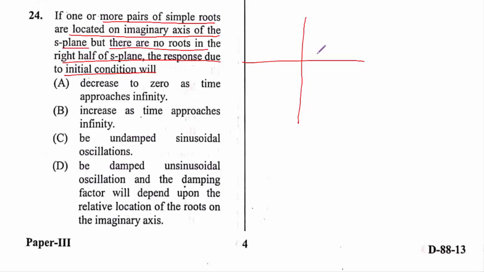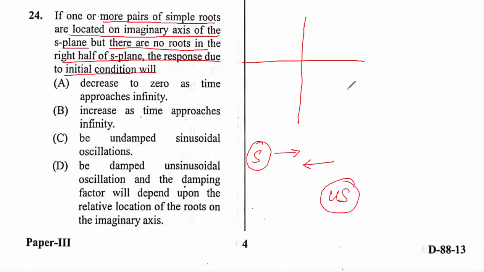We are not that concerned with zeros. If all the poles are residing on the left half of the S plane, you can be sure stability will be there. If one of the poles is on the right half of the S plane, then you can tell directly the system is an unstable system.